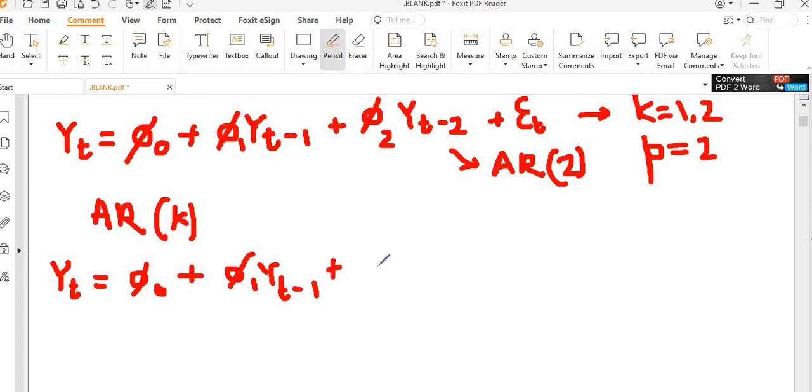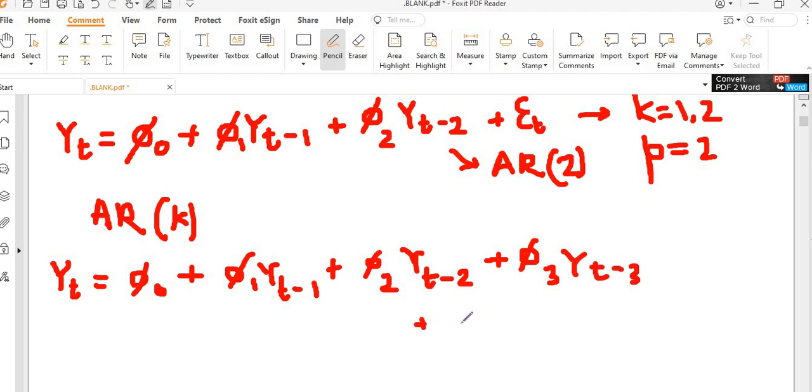So you have phi 2 y t minus 2, the terms that we used in our previous equation. Then you have another term, because you can have k equal to 3, you can have AR3. So you can have phi 3 y t minus 3, and so on and so forth, and then it ends at phi k y t minus k.